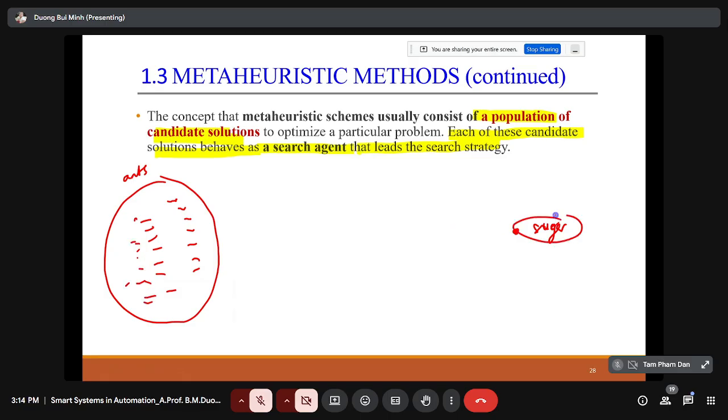And this is the sugar. When we start, many ants will come to find the food, to find this sugar.